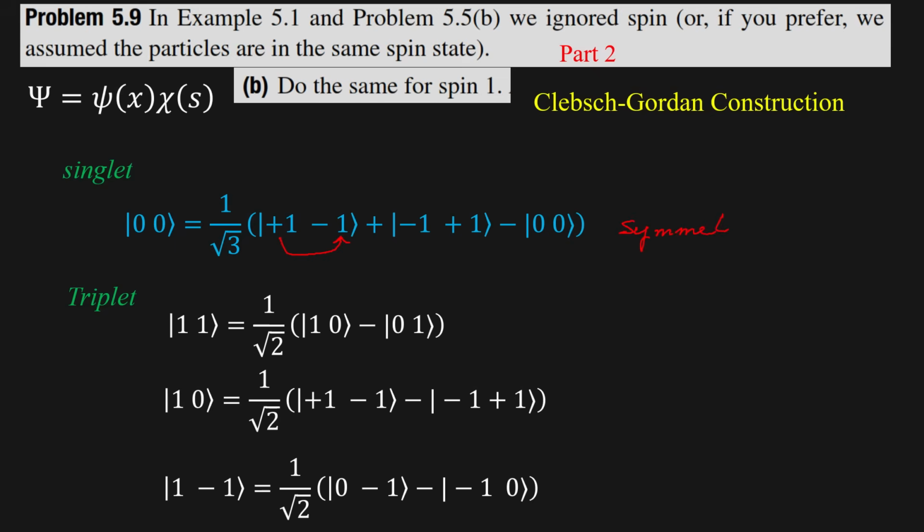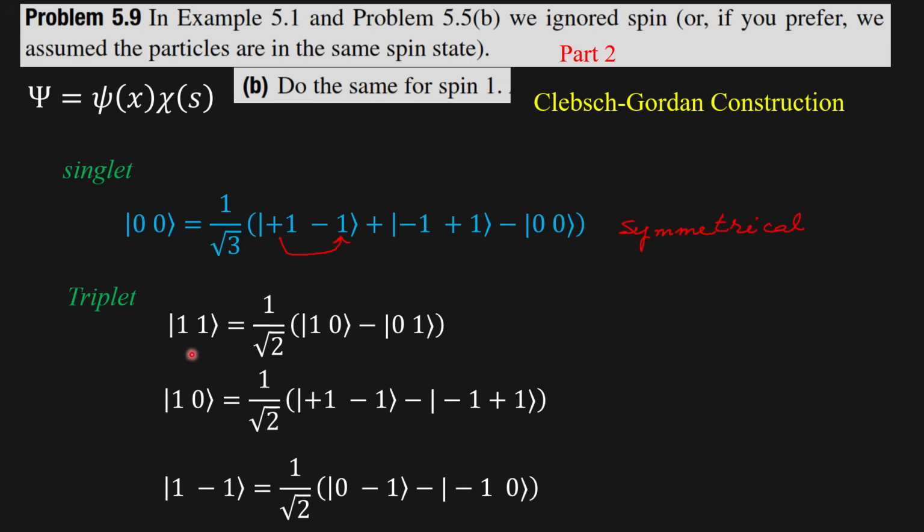Whereas in the case of the spin-1/2 particle, we saw the singlet state is anti-symmetric. Here it is symmetric. You can use the Clebsch-Gordan coefficients, which I have explained in my theoretical lecture. Also, the table itself is available in many standard textbooks. Then we will come to the triplet state.